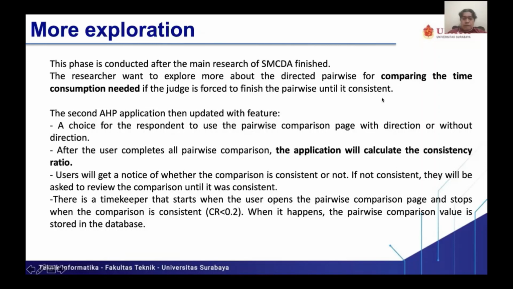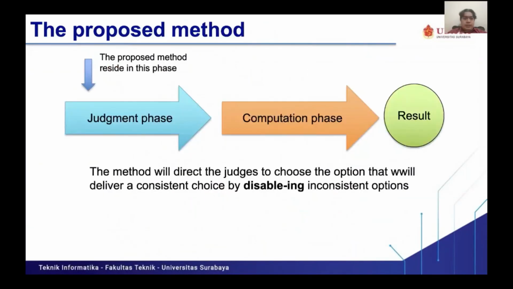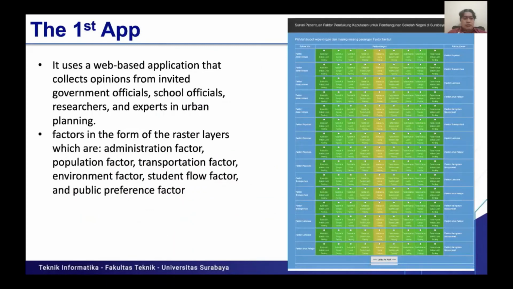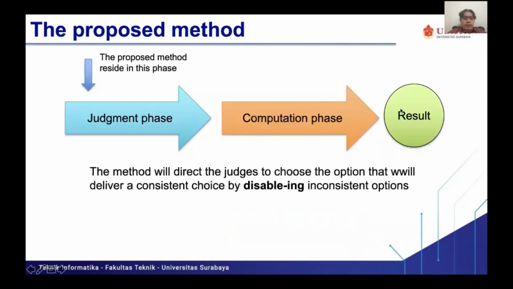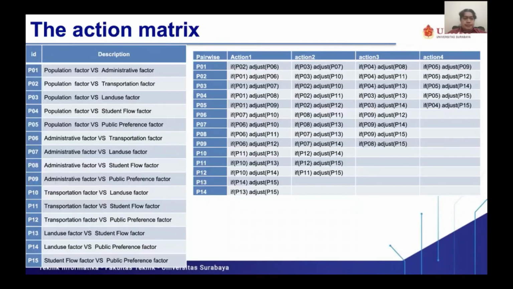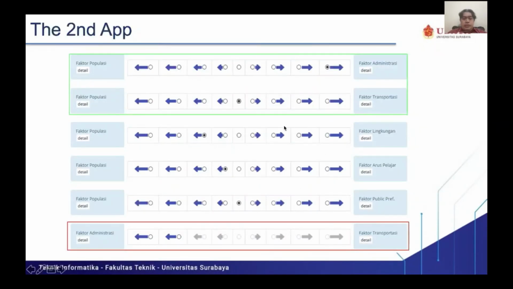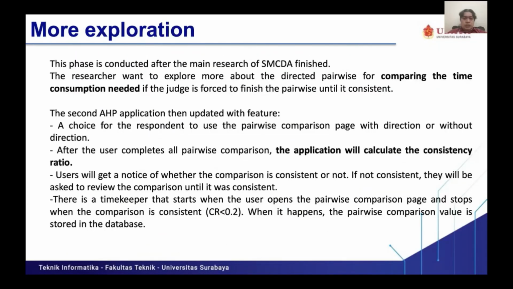So in the first application and the second application, this one without direction, and this one with direction, the judge is not forced to finish the pairwise until consistent.